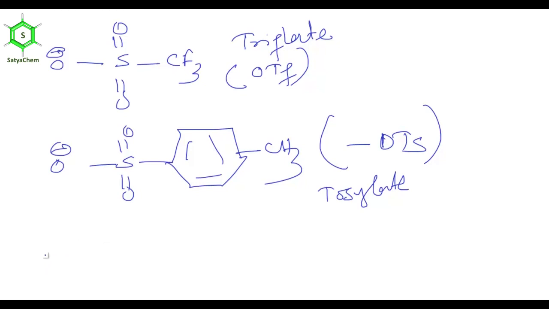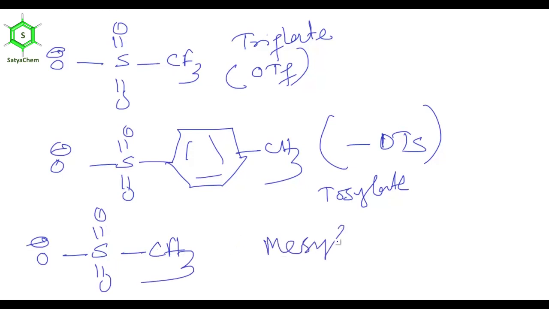Mesylate, OMs. In a similar way, this oxyanion is very stable due to the presence of two S double bond O electron withdrawing groups.